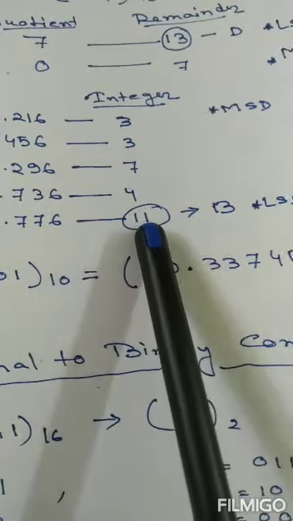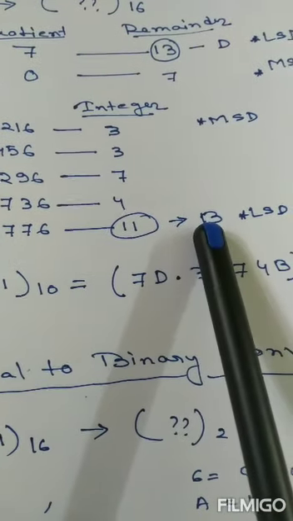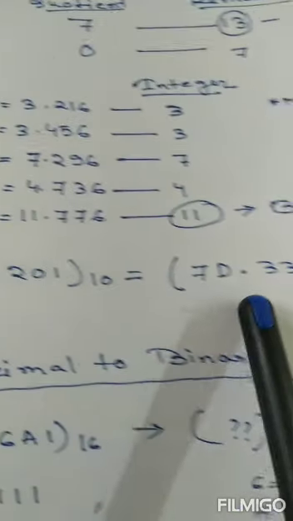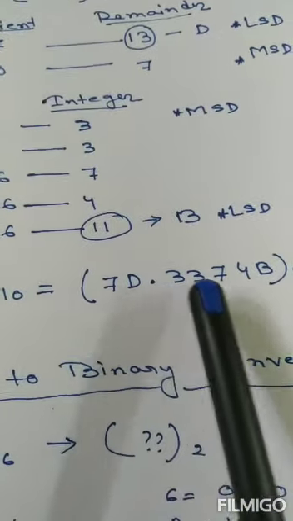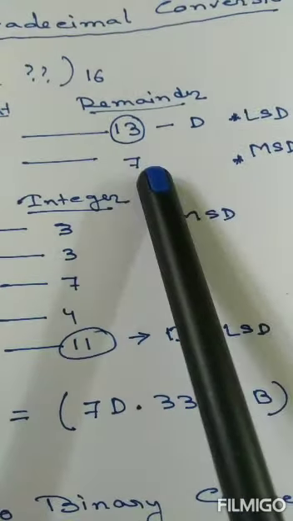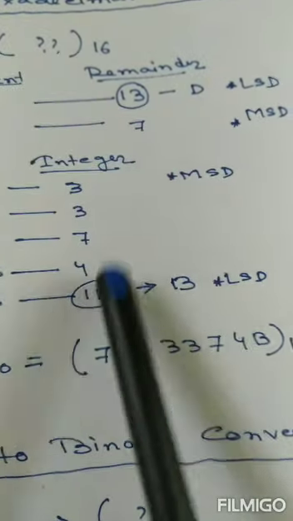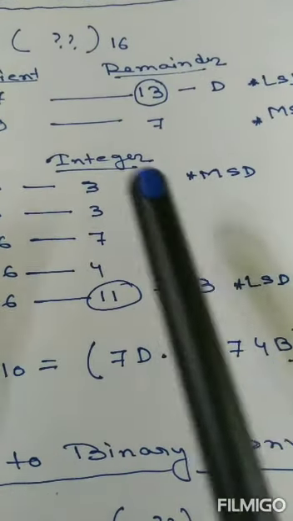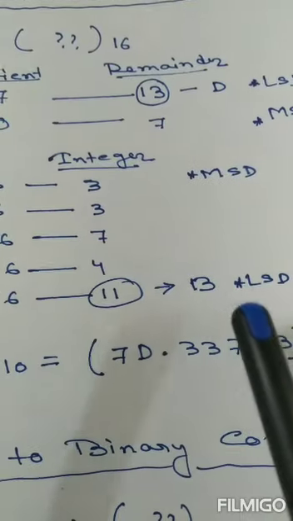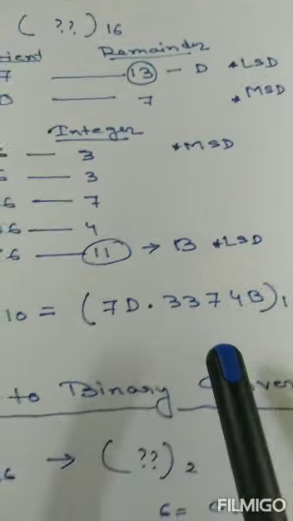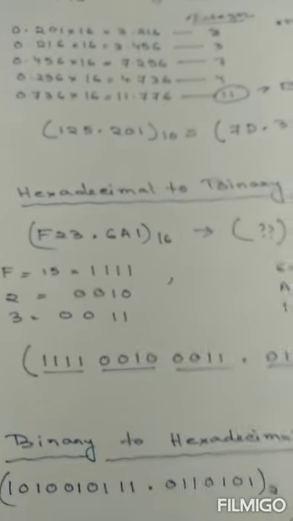Same here, 11 means B in hexadecimal, so we'll represent it with B. So what is the actual number? 7D.3374B. In this portion write bottom to top, that is 7D, and for this portion write top to bottom, that is 0.3374B.